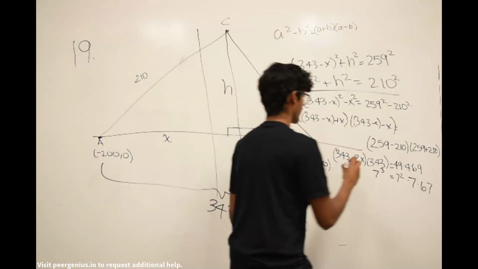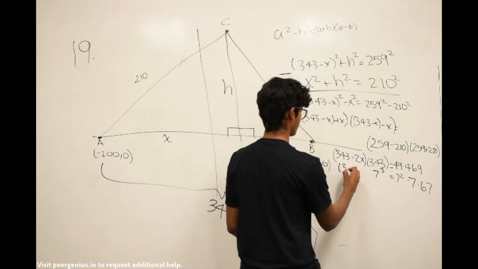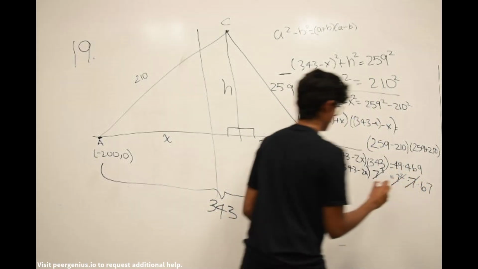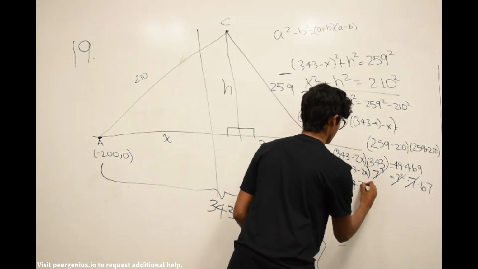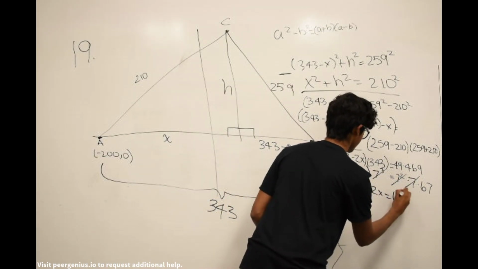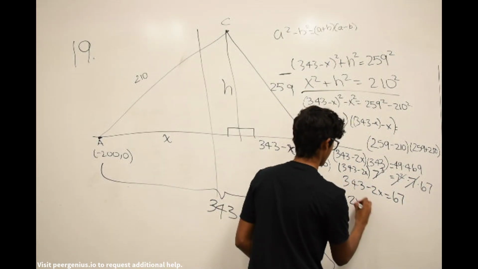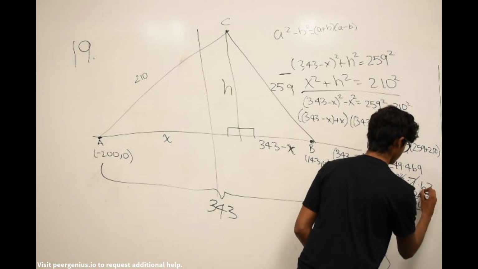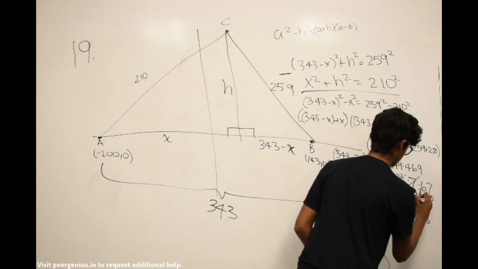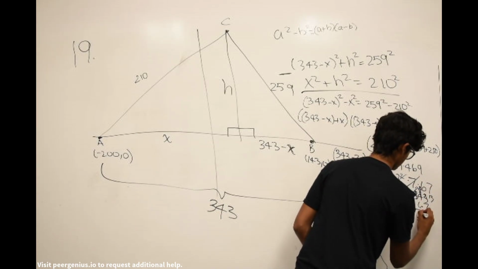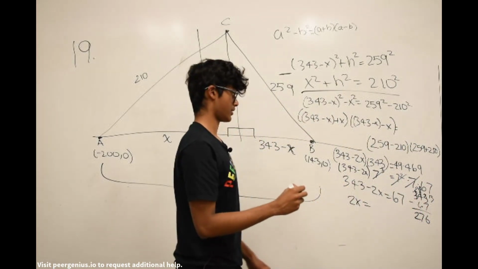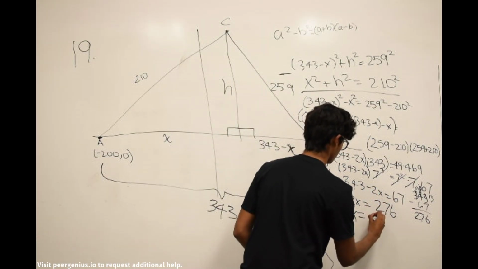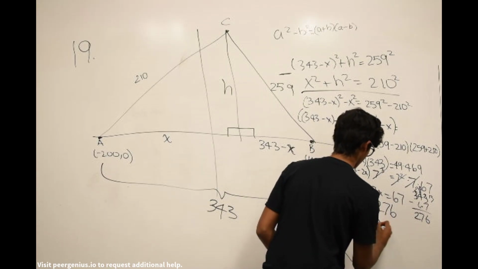So now you just get 343 minus 2x equals 67, which means 2x equals 276, which means x equals 138.